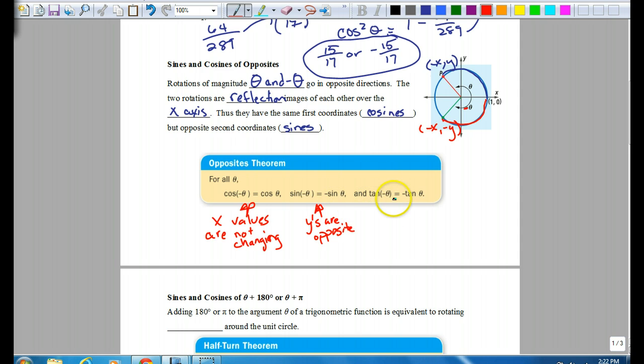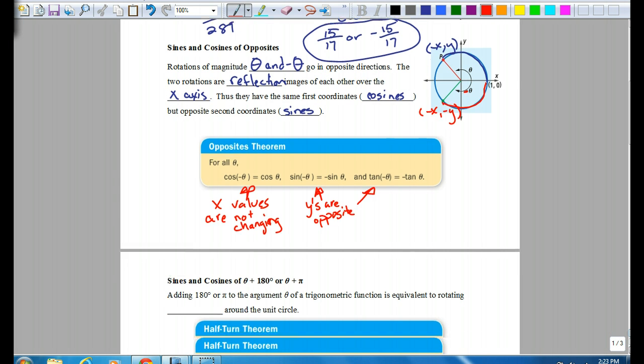And along with that, your tangents are going to change, because if one of them, the sine or the cosine, changes, then the tangent will also change. It just takes one of them to change. So in both of these, because the y's are opposite, that'll make a negative tangent. Okay?